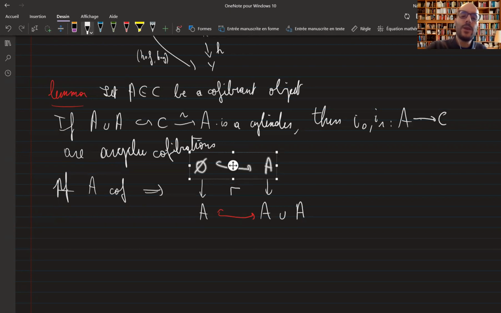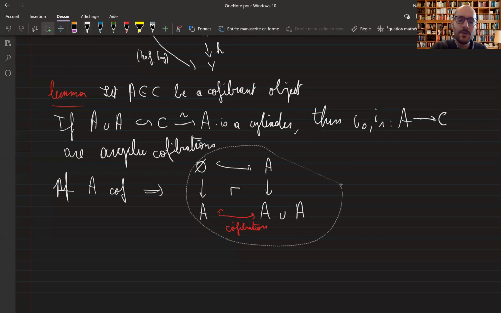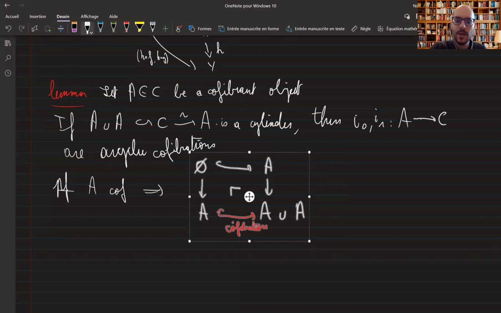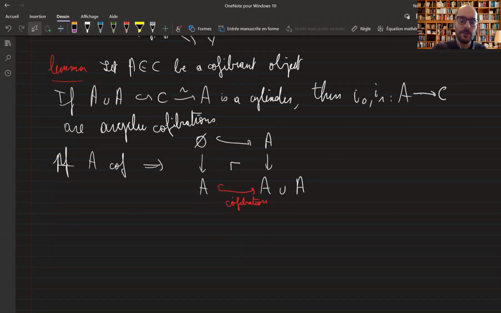So this is a cofibration because A is cofibrant, and cofibrations are closed under push-outs. We saw this last time. So this is something that you can keep in mind, right? If you have a cofibrant object, then because of this push-out diagram, the inclusion here is a cofibration. This is something very general.